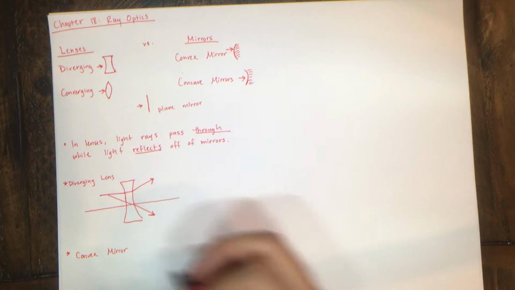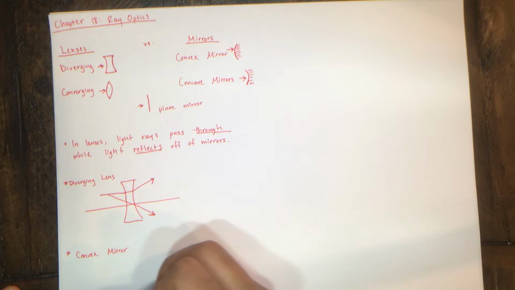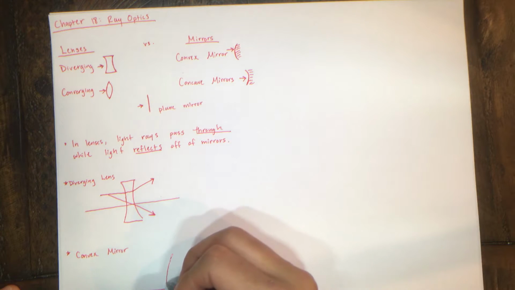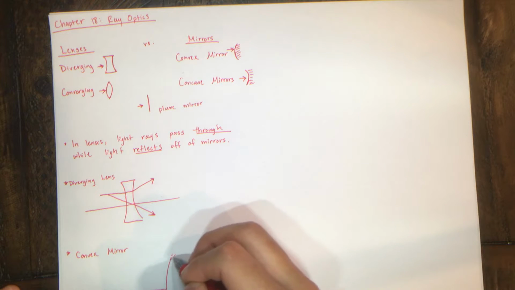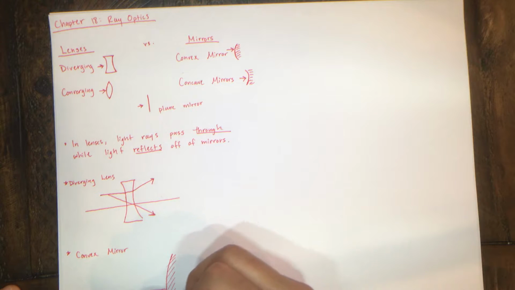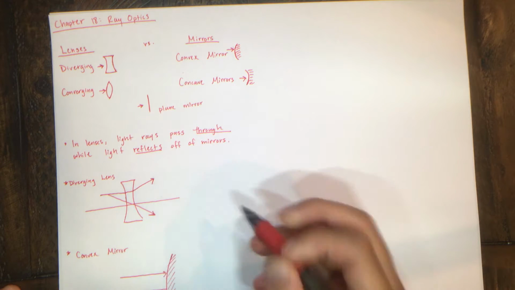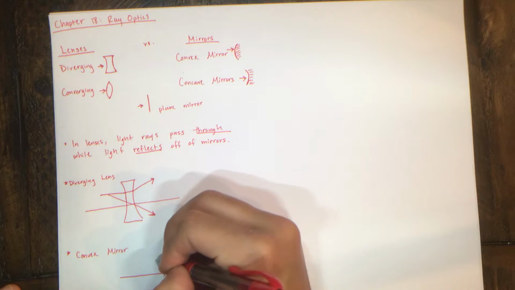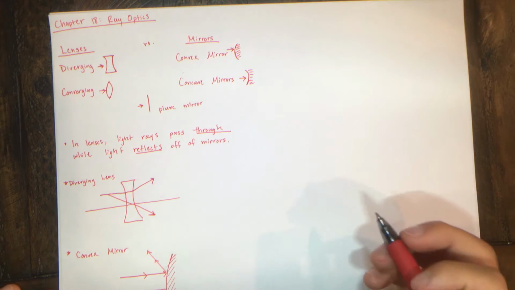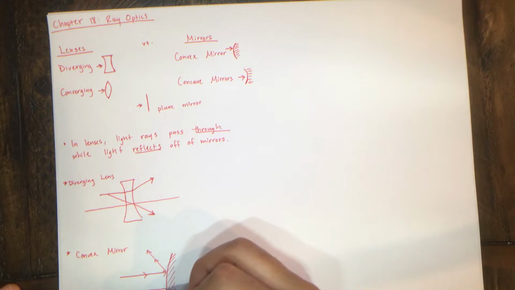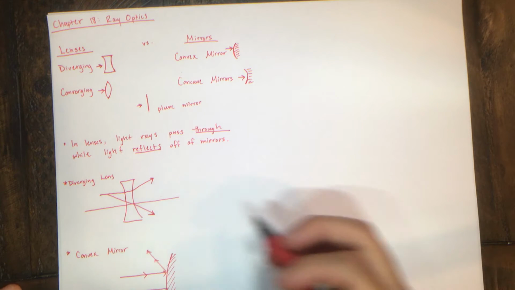The reason why they're categorized together is because of this phenomenon that I'll show you. If we have this mirror over here, and light comes off of here, it doesn't pass through like a lens. It will reflect this way. It'll bounce away from a central image.